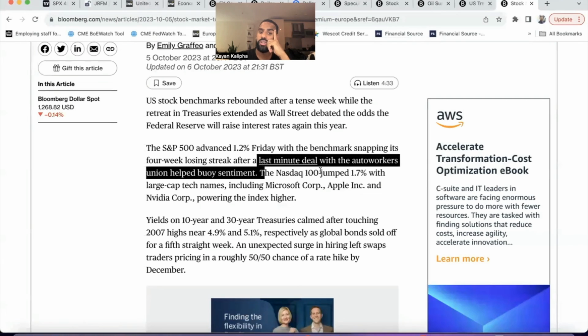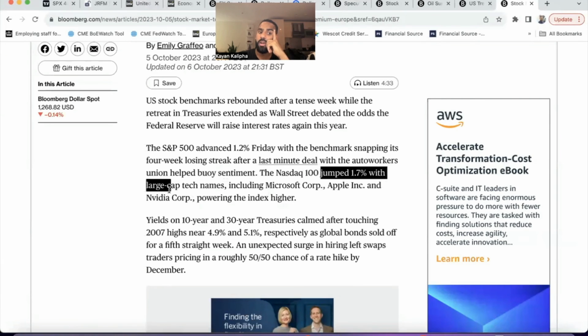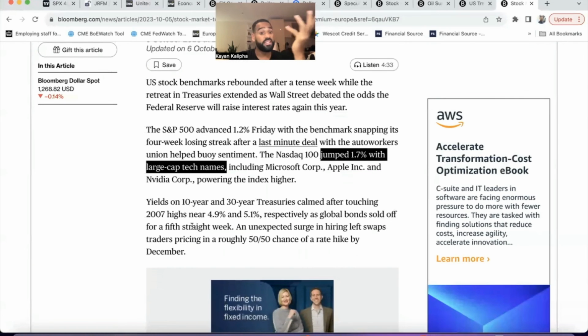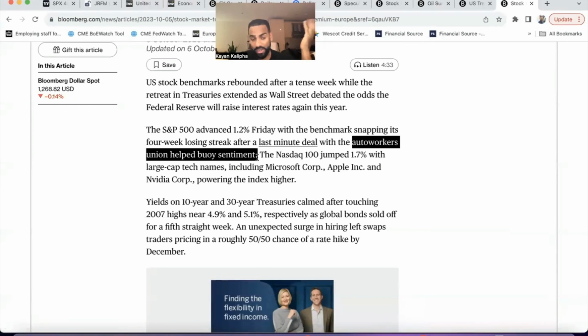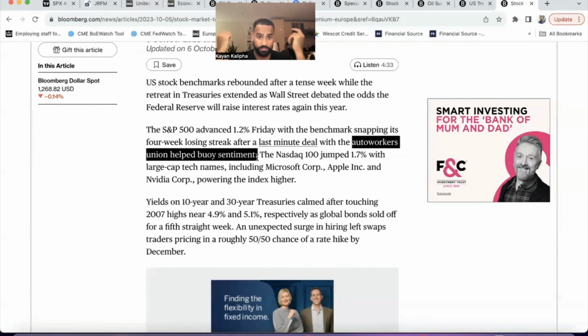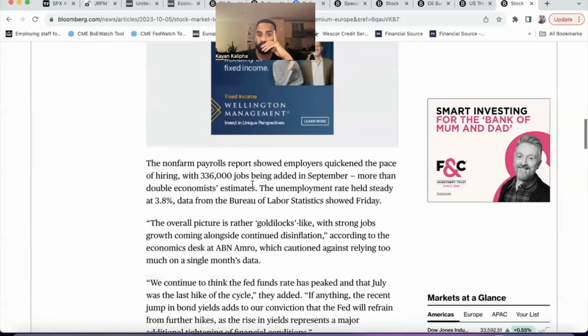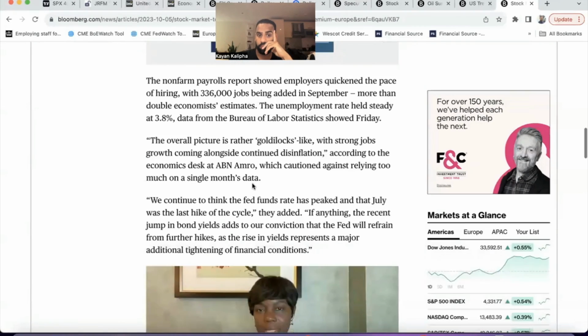The Nasdaq 100 jumped 1.7%, with large cap tech names including Microsoft, Apple, and Nvidia powering the index higher. It doesn't explain why. So it was a few tech companies that pushed the index higher, basically, and because of a deal between automakers. I couldn't predict that. So, yeah, that's pretty much what happened.